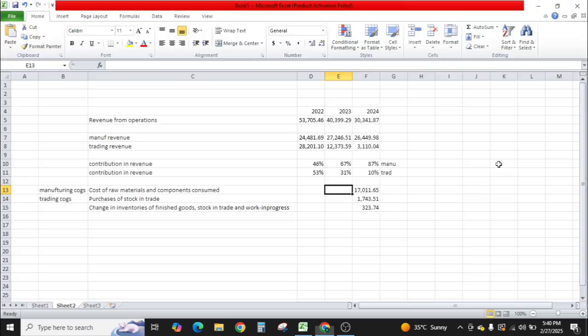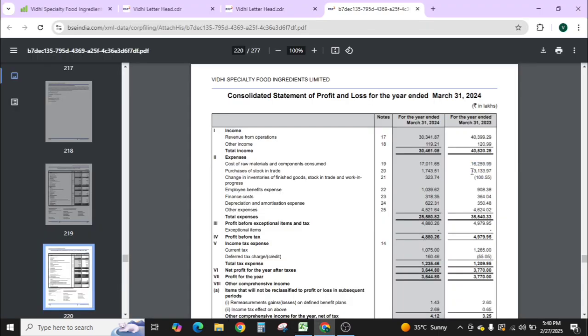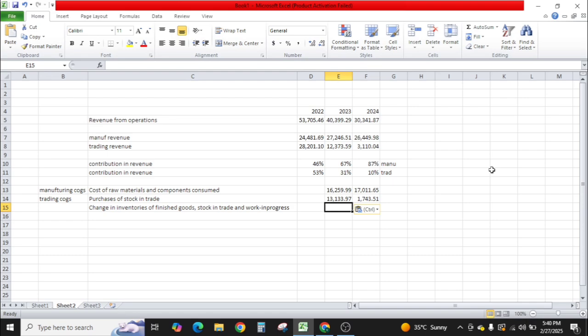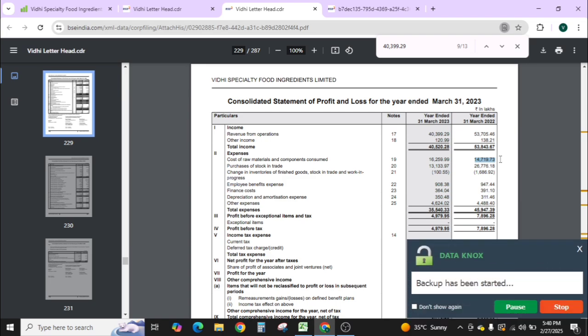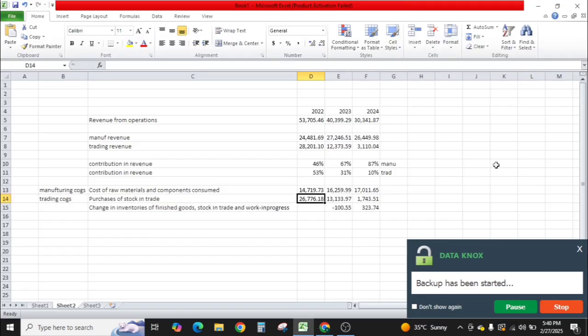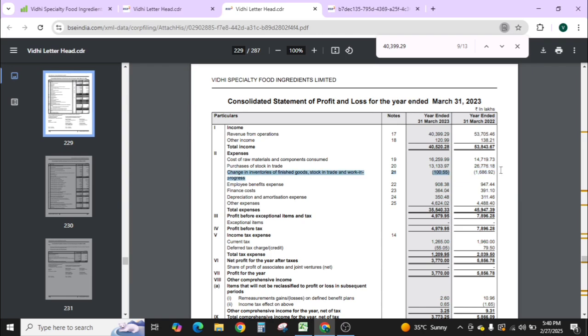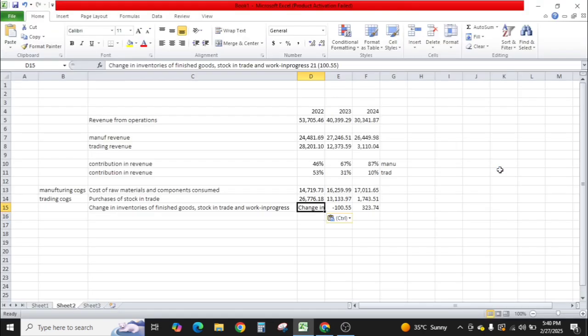Same, this is manufacturing COGS, this is trading COGS. And for 2022, the manufacturing COGS is this, and trading COGS is this, and this is this one. Sorry.